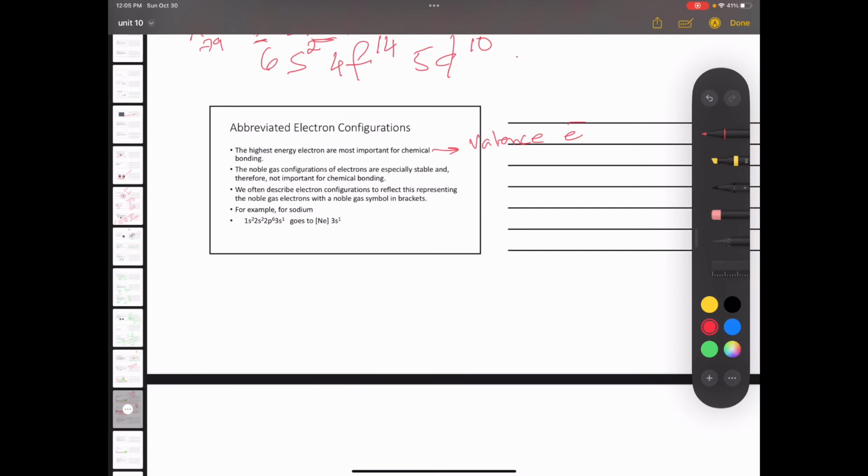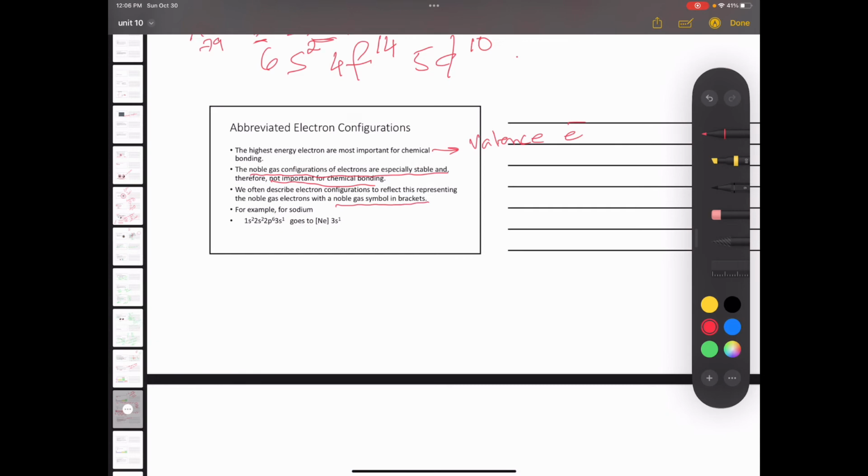Since we're talking about a group of electrons that are really not involved in any chemical interaction, we will use the noble gas configuration to represent these electrons, because they are really not important for any chemical bonding. We often describe electron configuration to reflect this, representing the noble gas electrons with a noble gas symbol in brackets.